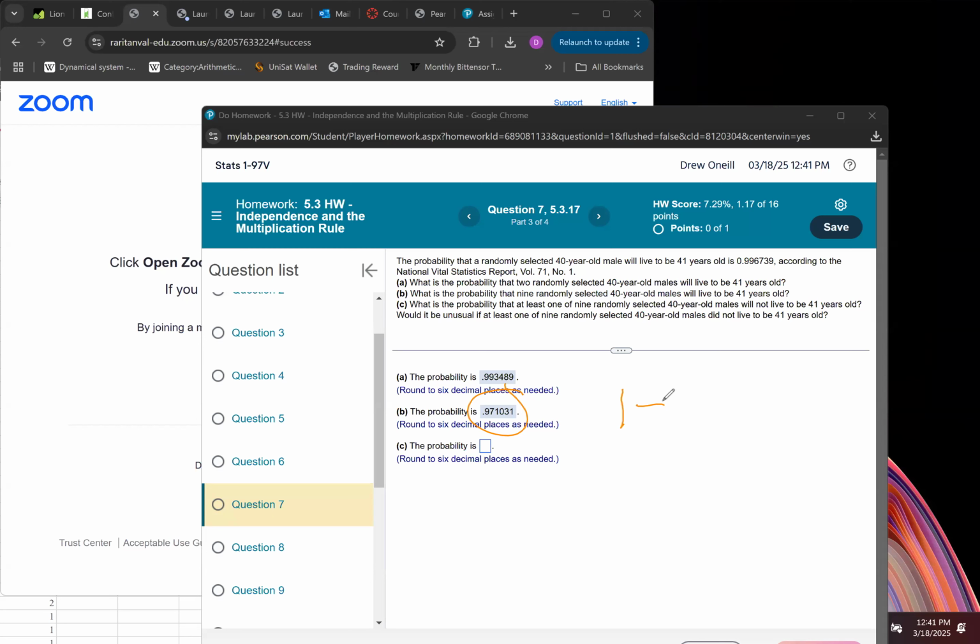Yeah. So it should be one minus this, the one we just got. Okay. That's the answer. And luckily that's a low number, right? It's saying it's about 3% that one person dies. Right. All right.